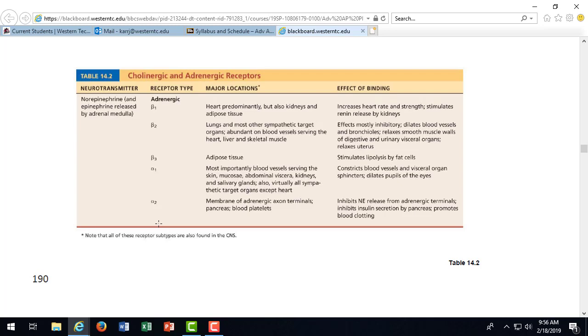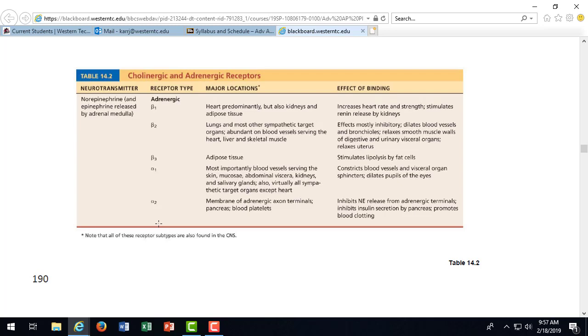So beta 1 and beta 2, again, this whole list I'm showing you here, beta 1, beta 2, beta 3, alpha 1, alpha 2, those are all Greek symbols. They're all norepinephrine binding receptors. So they all produce sympathetic effects. Okay, these are all sympathetic effects on the organs. Again, what do we call the receptors that are parasympathetic?